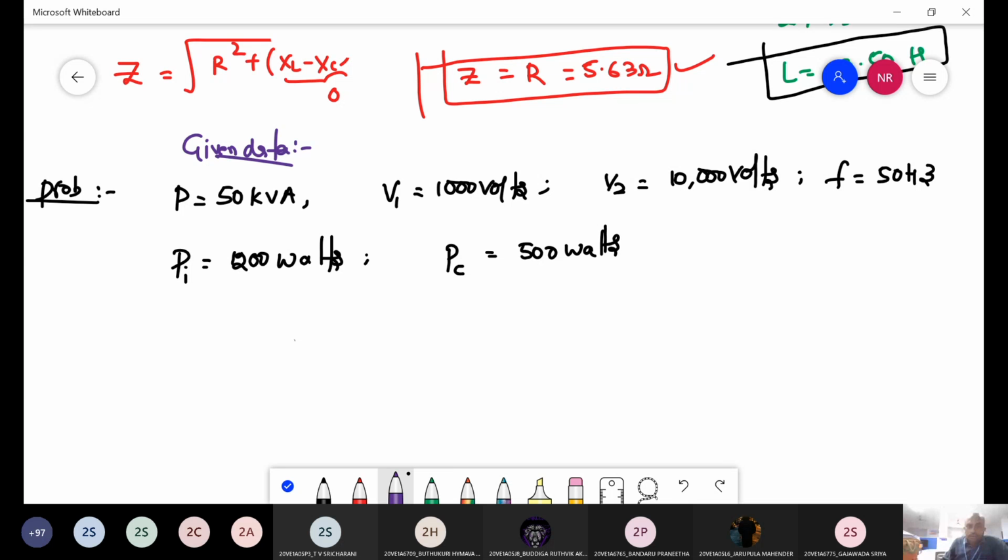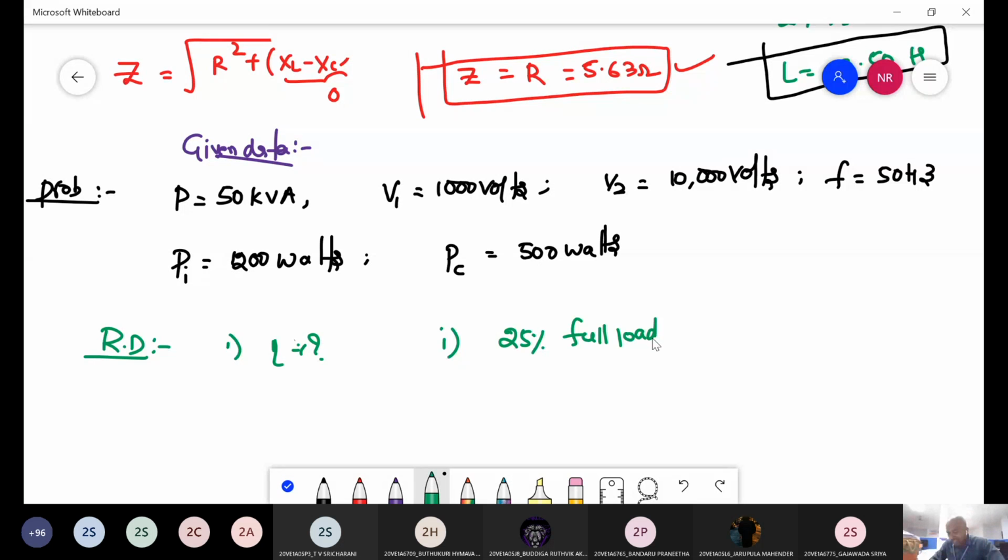Then what is the required data here? The required data is that we have to calculate the efficiency. At first bit, calculate the efficiency at 25% of full load. Whatever that load is, it is 25%.